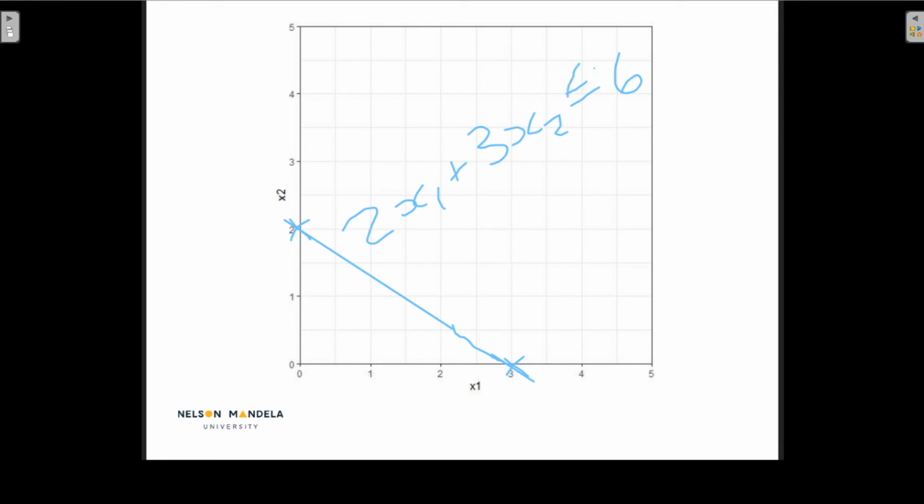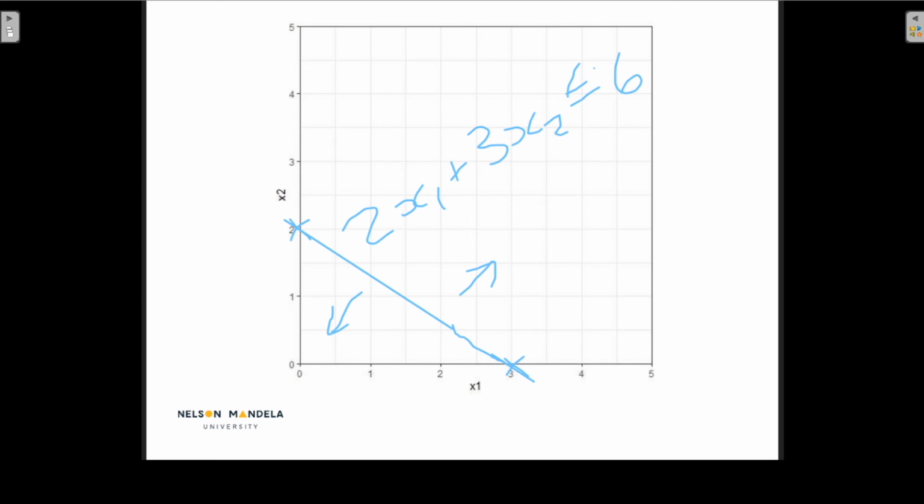So now we are not working with a line, we are working with an area. For less than or equal to 6, we want to decide whether it is the area above the line or below the line. To do that, you choose a random point either below or above the line and substitute it into your inequality. If it satisfies the inequality, then you know that that is the area where the inequality will be satisfied.